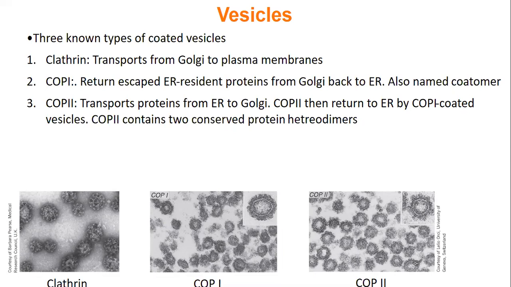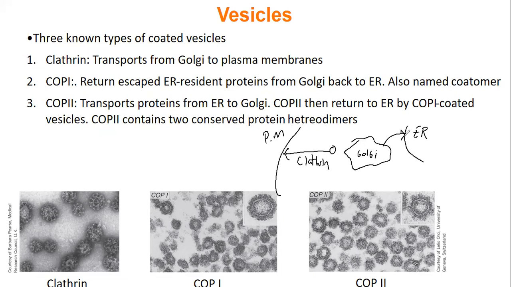Clathrin goes from Golgi to plasma membrane. Then we have COP1. COP1 will go from Golgi to ER. So let me actually draw a little picture here. So here we have our ER. Here's our Golgi. And then all the way out here is our plasma membrane. So if my vesicle is going from Golgi to plasma membrane, that is Clathrin.